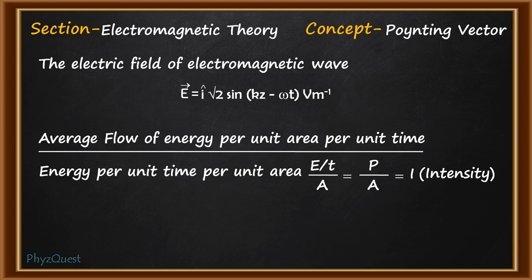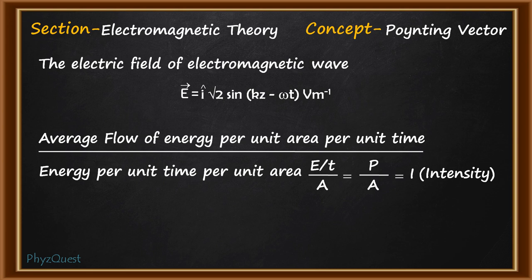This effect is your intensity, so intensity will be less. In the opposite case, if the power of the wave is concentrated in a smaller area, then the intensity felt would be much more. So this is why intensity is dependent on the area covered, and that is why power per unit area is the intensity. So the expression we need to find, that is average flow of energy per unit area per unit time, is your intensity.